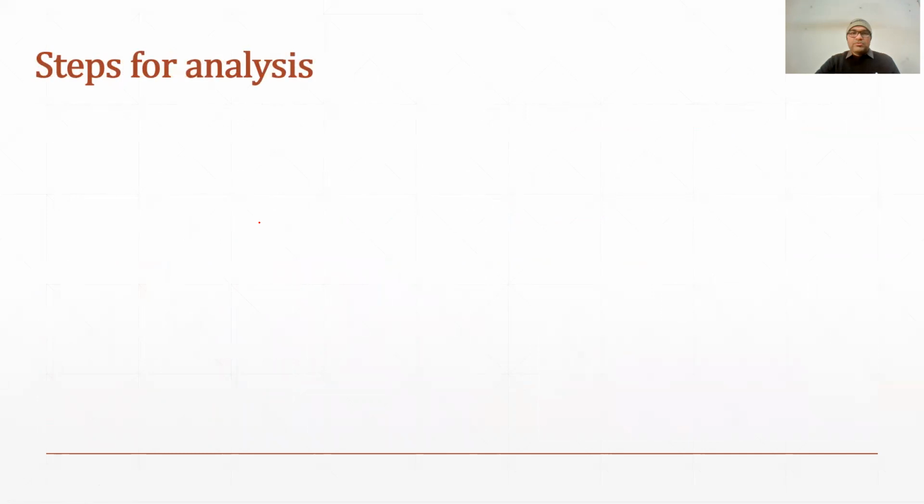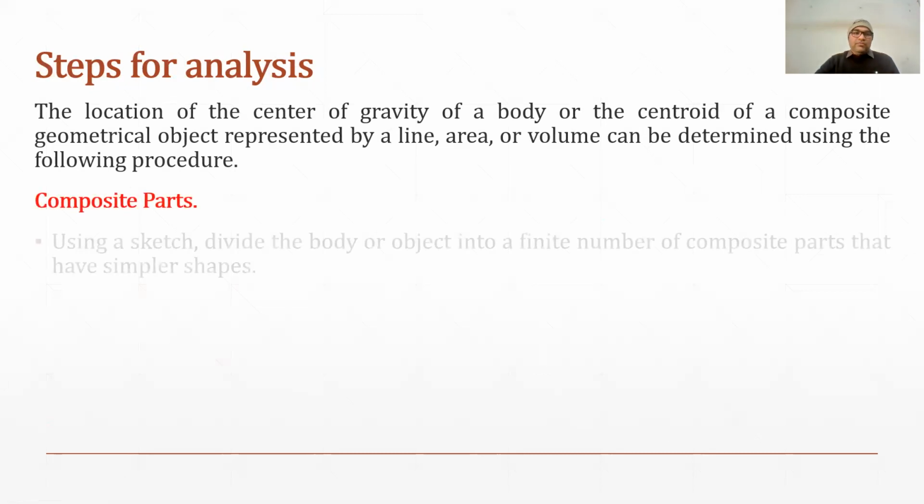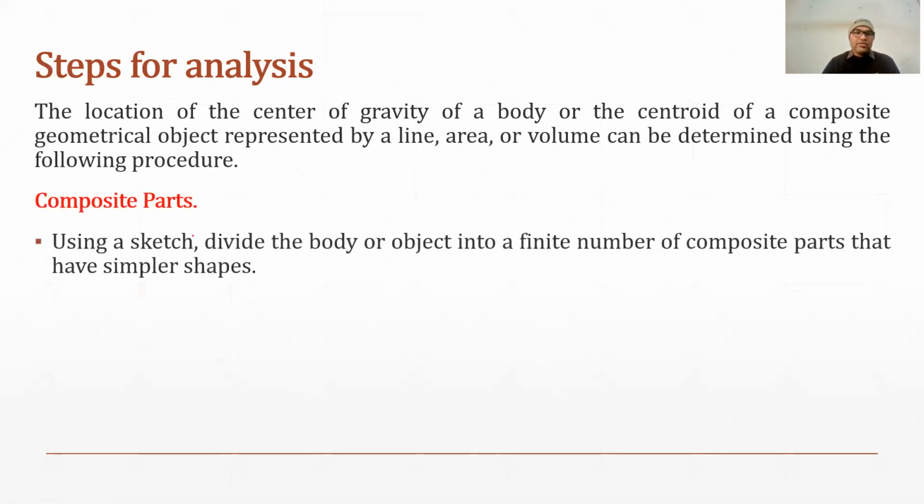So generally we follow this procedure in steps. Whether we have to locate the center of gravity or the centroid, the same method can be followed. So our first step is to have composite parts.